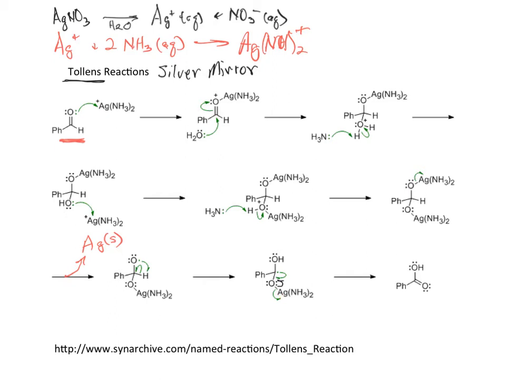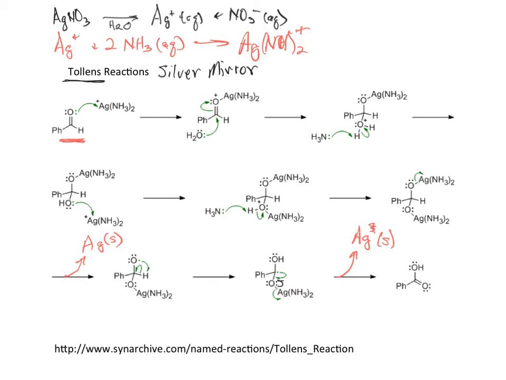We get another release of silver metal. Ignore that plus. We get another release of silver metal, and the product then is the carboxylic acid.